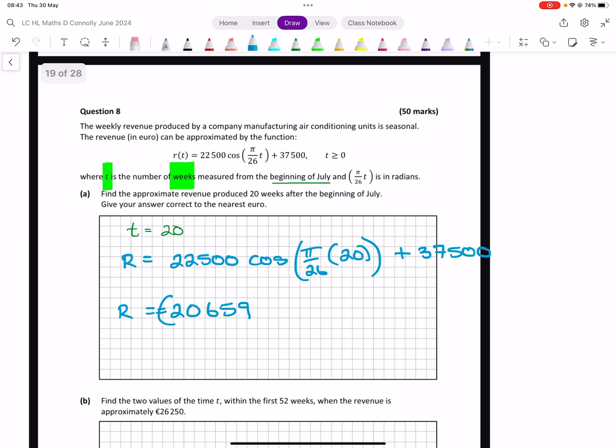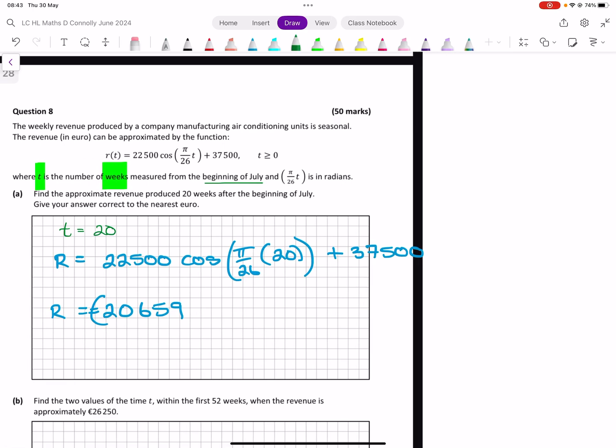Let me double check that. I'll check it in radians. I've now put my calculator in radians, which means I can type it as I see it: 22,500 cos of pi over 26 times 20 plus 37,500. 20,659. Yeah. So if you want to type it as you see it, put your calculator into radians.